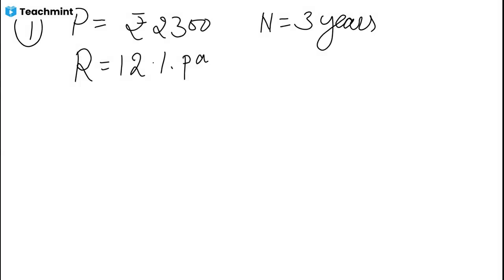First of all, we need to find the amount. To find the amount, we need to find SI, then we'll add it to the principal, and that will be the amount.